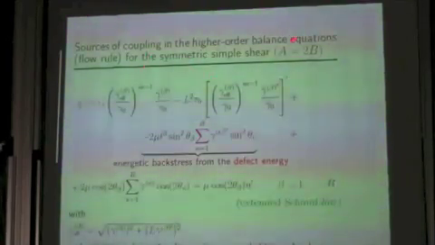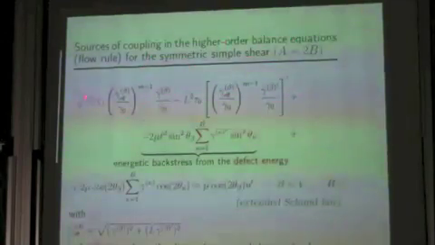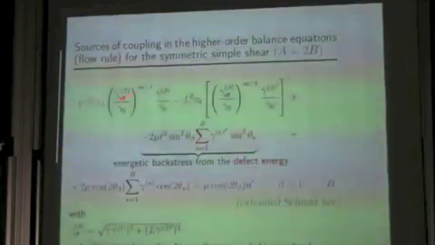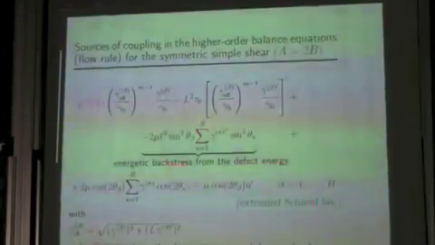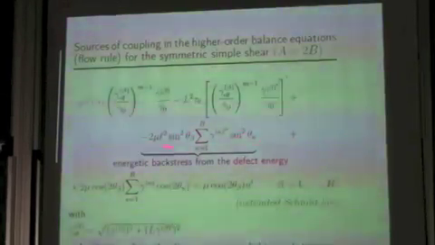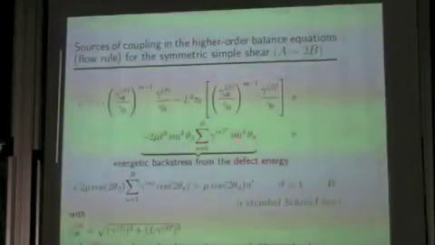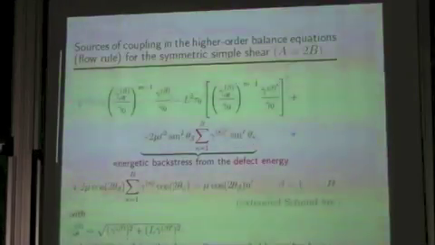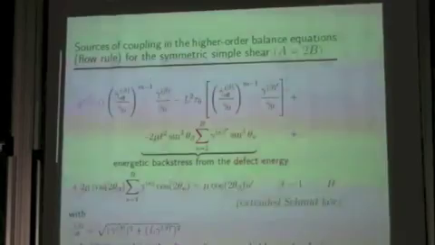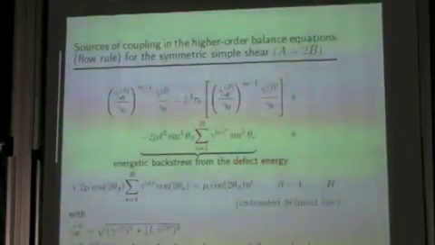Now this is a particularization for this symmetric simple shear, and I wish to write down the higher order balance equation, the extended Schmidt law, in terms of kinematics, just to highlight the two sources of coupling we have in these equations. One is kind of standard, due to the defect energy written in terms of the Nye tensor. The other one is this complicated slip resistance in which there is latent hardening and so on, and the gradient extension of the latent hardening.